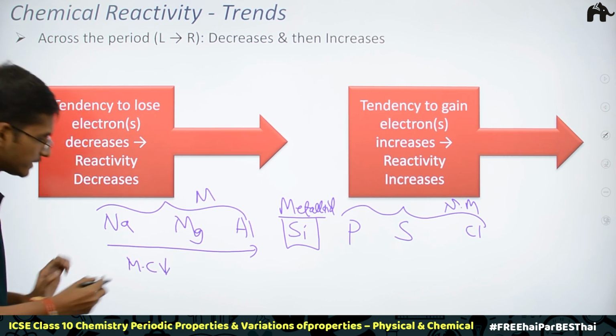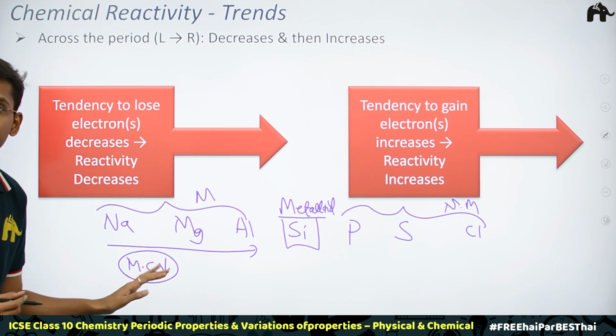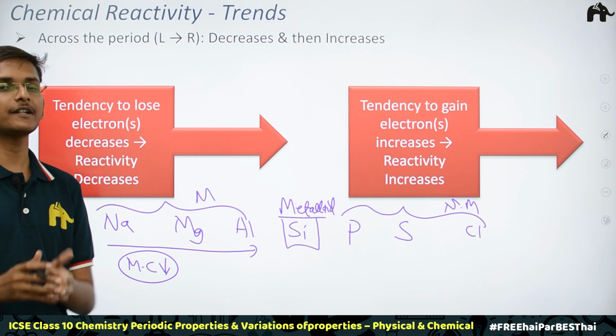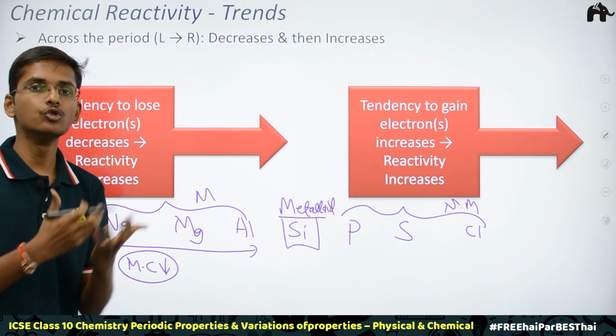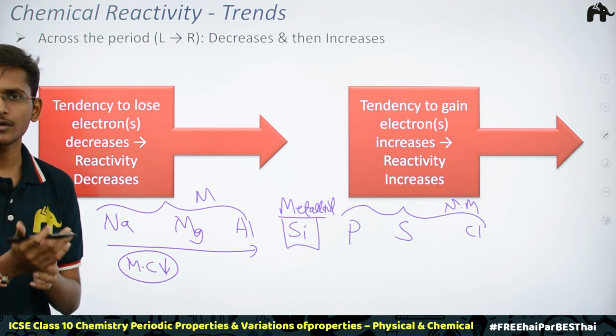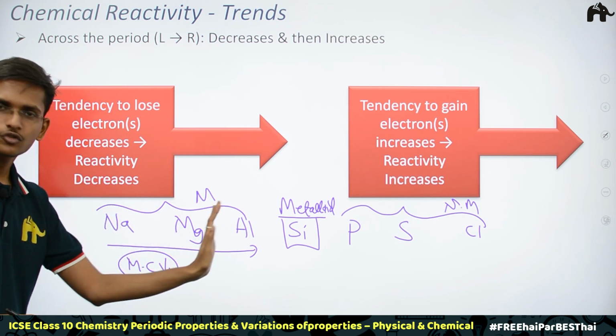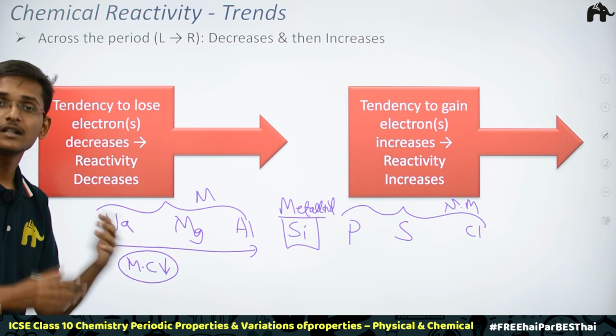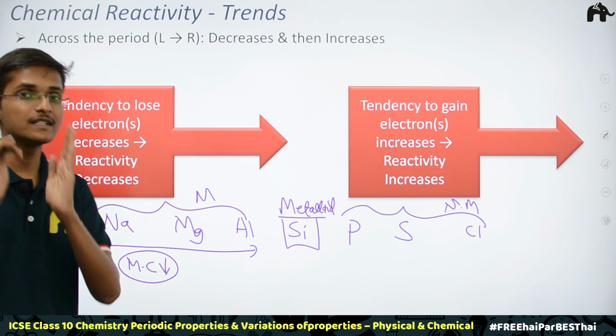Now, what can we conclude from the decrease in the metallic character? The point which we actually want is to check what is happening to the tendency to lose electron or tendency to gain electron. Here there are metals, so we are considering metallic character. Now, metallic character is decreasing. This suggests that the tendency to lose electron is decreasing.